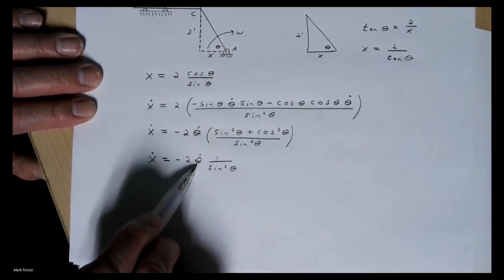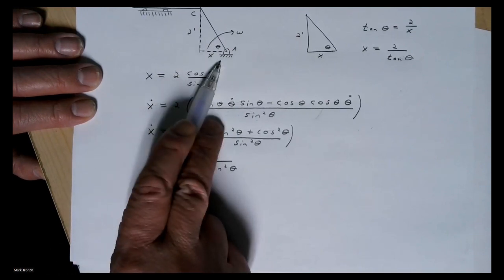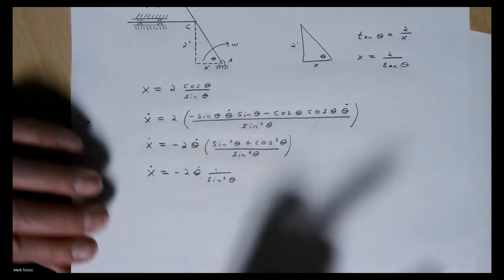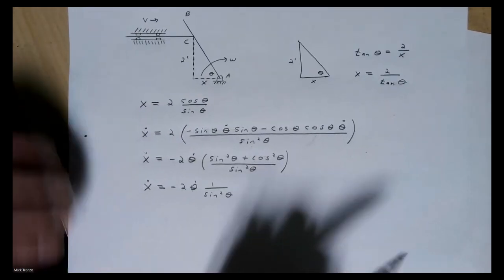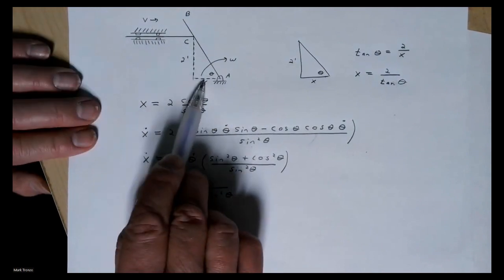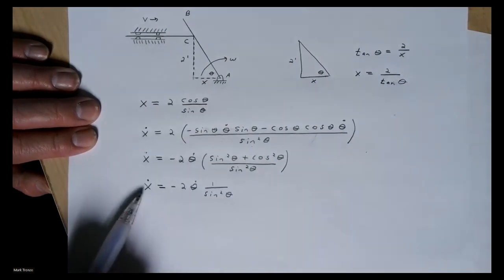Notice, of course, theta dot is the same as omega. And we said that this is getting shorter at the same rate that this is being pushed forward, except as this is increasing, this is going to be decreasing. So these are going to be opposite signs.